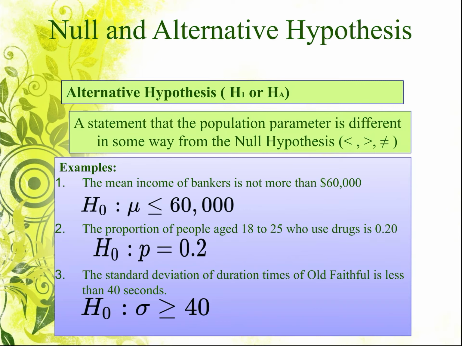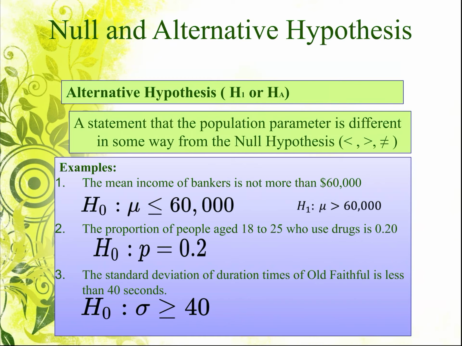So for the first one, all of our null hypotheses were the ones that had the equals to signs. The alternative hypothesis is the opposite of the null hypothesis. So if the null hypothesis was for the mean income of bankers, mu is less than or equal to 60,000, the alternative is the opposite of that. Mu is greater than 60,000.